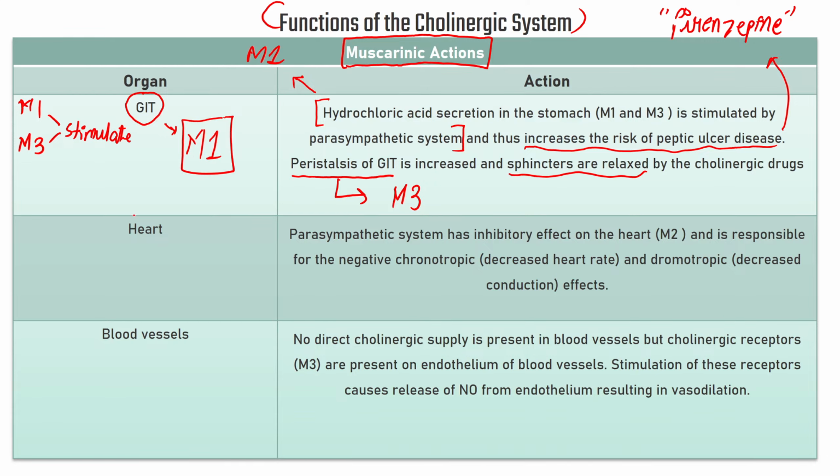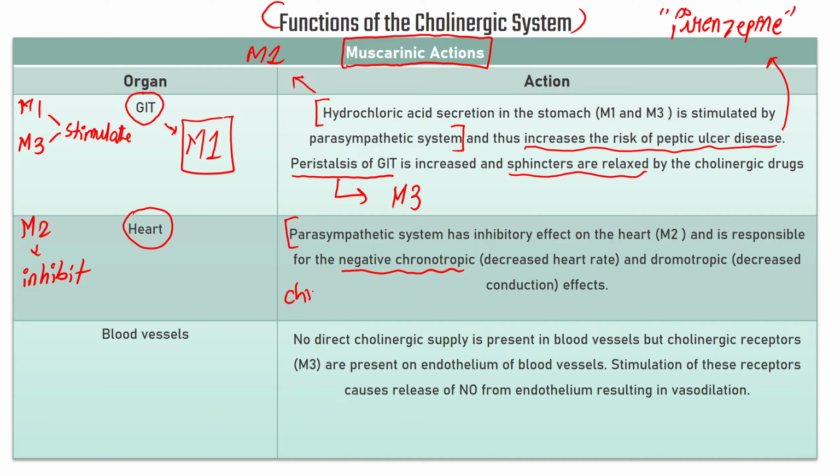Now in the heart, M1, M3 will stimulate any organ they are present in, but M2 is an inhibitory receptor. It will inhibit, repress the action. So in the heart, the parasympathetic system will have an inhibitory effect, and therefore it will lead to negative chronotropic effect.